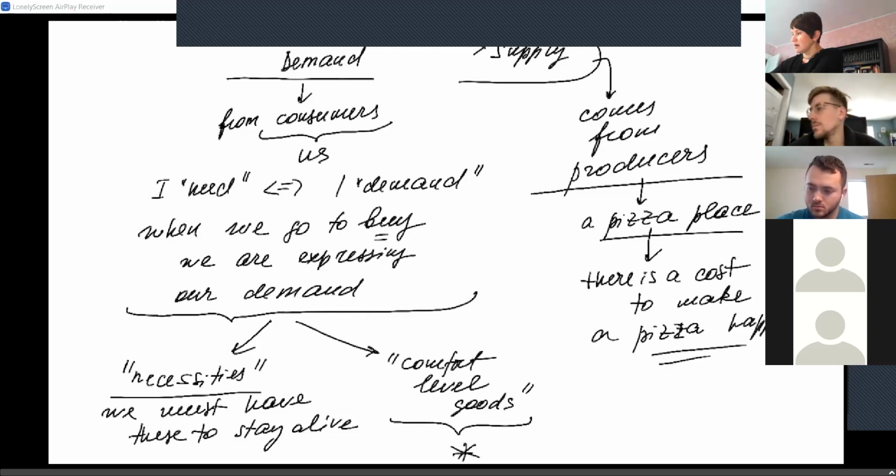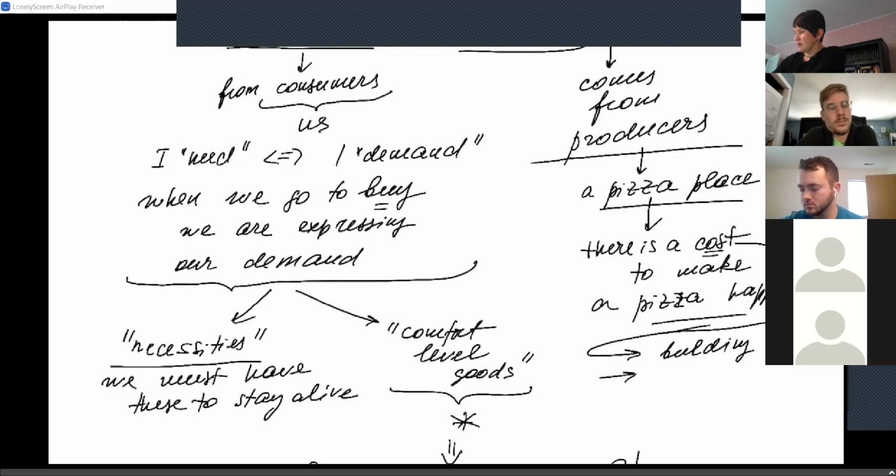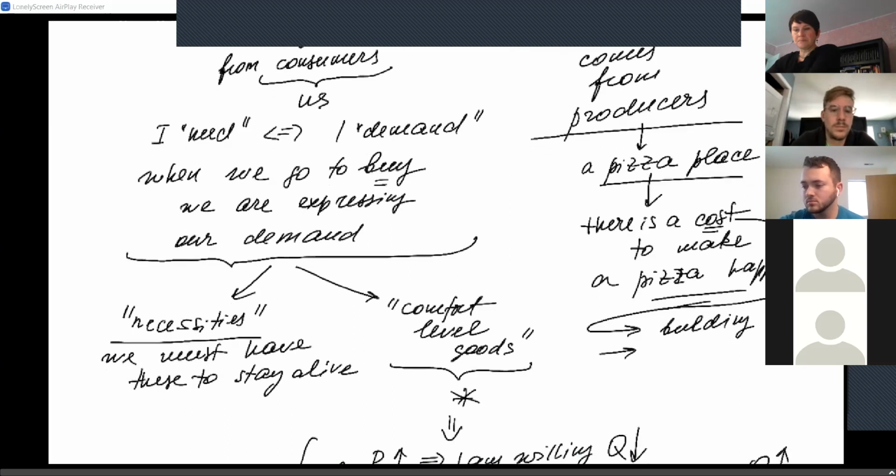A cost, right? Now, first, you have to have a building. You can't just make pizza outside in the snow, right? Building. Okay. You have to have people who are actually making pizzas.